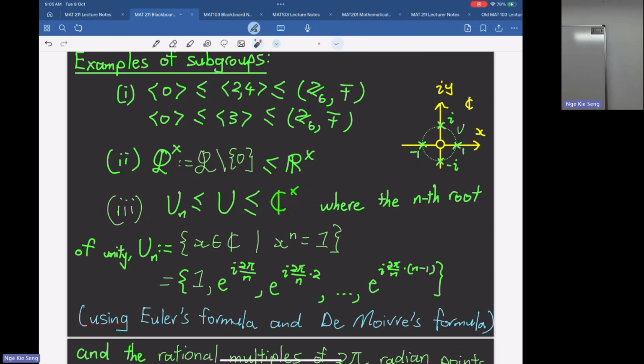Because you learned calculus 2, in R^2 space, what is the other convenient coordinate? Polar coordinates, controlled by two variables, radius and angle. This is how we describe the complex number. The radius here, all of them have coefficient 1, so their radius is 1.